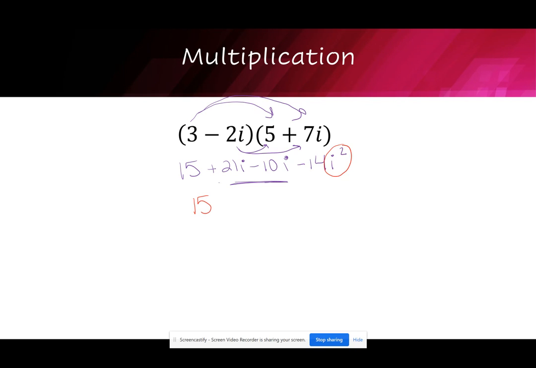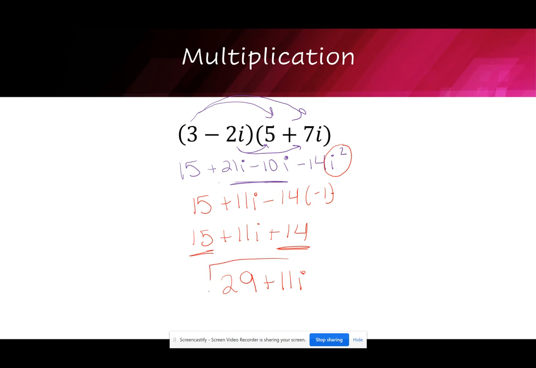So we have 15 plus 11i minus 14 times negative 1. So now we have 15 plus 11i plus 14. So now we have another like term we can combine. So we get 29 plus 11i. So this one, just don't forget that i squared equals negative 1.